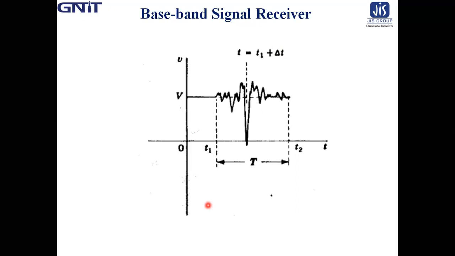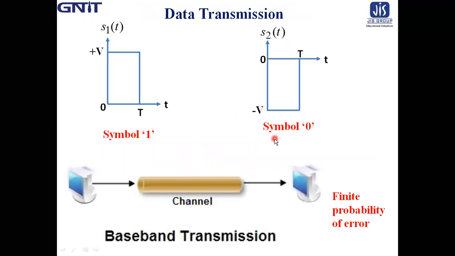First is the baseband signal receiver. Consider that a binary encoded signal consists of a time sequence of voltage levels plus V or minus V. In the last slide, a binary sequence consists of a large number of plus V and minus V, that is ones and zeros, which is transmitted from a sender through a channel.